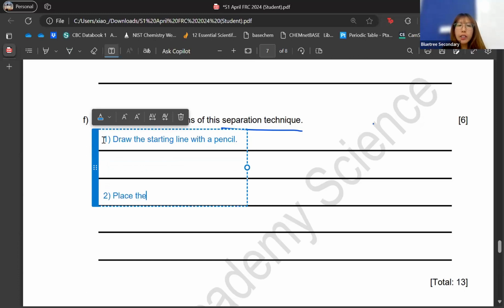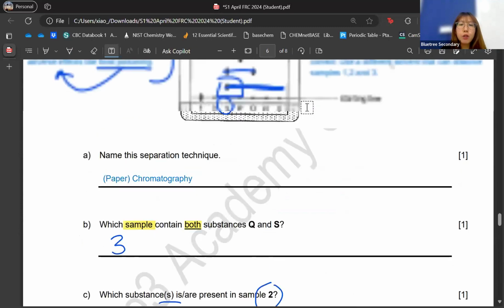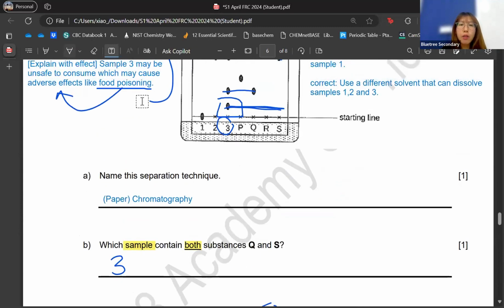Okay, so place the starting line above the solvent level. So in case you are wondering, solvent level refers to the level where the solvent is at in the beaker.